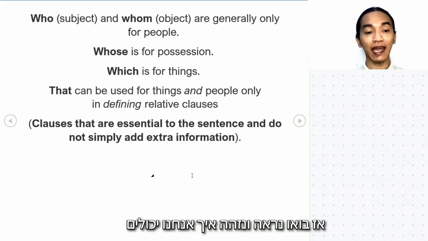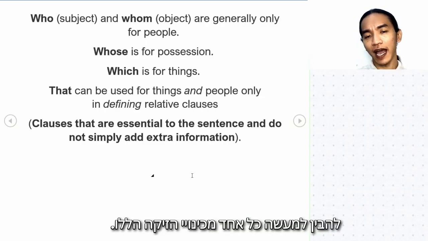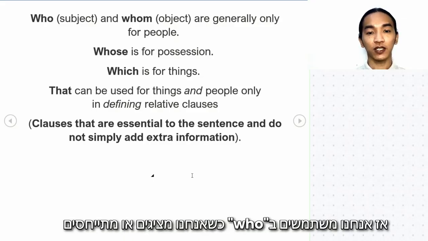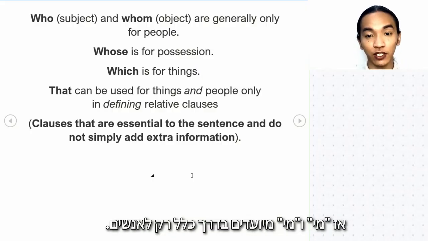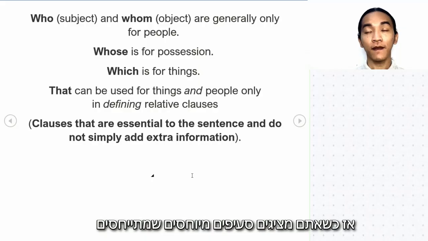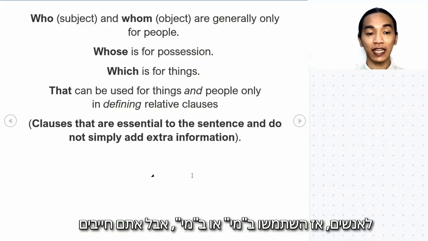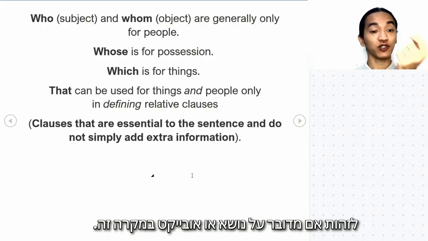Now let's see how we understand each of these relative pronouns. We use who when we introduce or relate a subject in the sentence, and whom if it's an object. Who and whom are generally only for people. So when you are introducing relative clauses that relate to people, use who or whom, but you have to identify if they are subject or object.